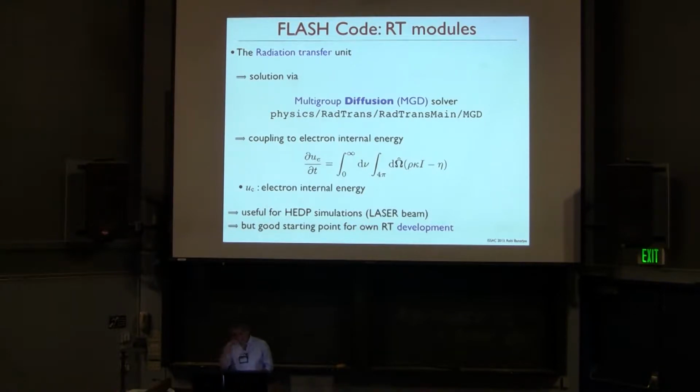The main idea here for the Flash people was to couple the radiation, for instance a laser beam, to the electron density, which is done by this integral here. Again, I want to stress that this might be a good point for further developments for your own purpose, and maybe even to link it to astrophysical problems.